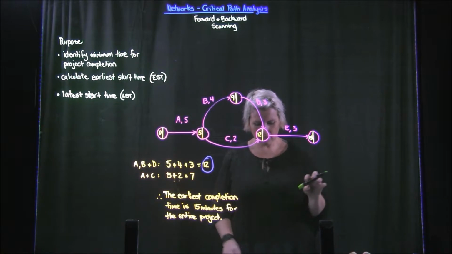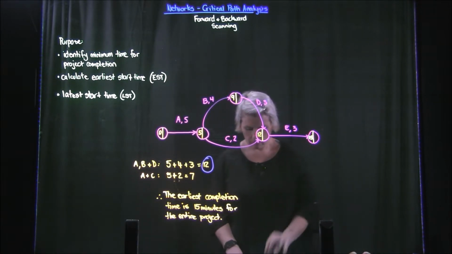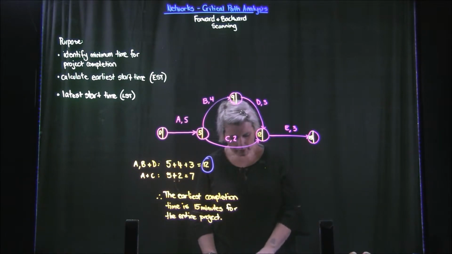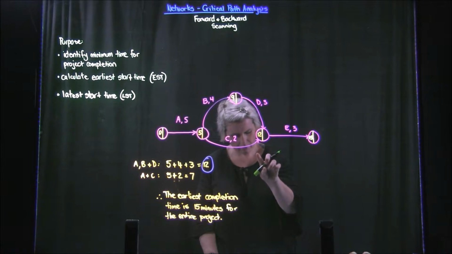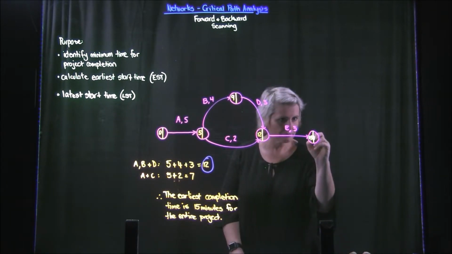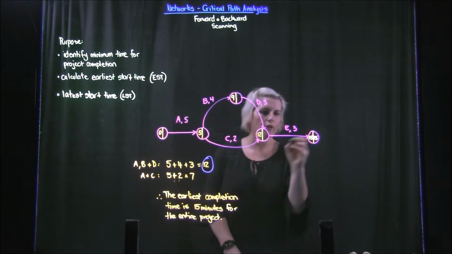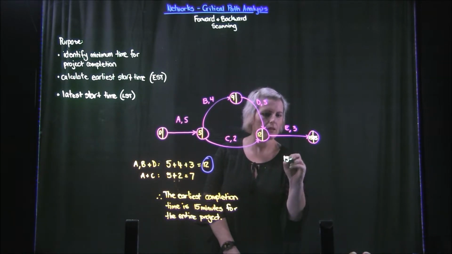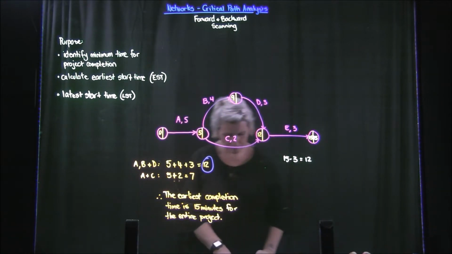That's the latest time that an activity can start without delaying the project. So what we need to do is subtract the time of each arc from the latest start time. We start at 15, because that's our end. Then we go 15, take away 3, which is going to be 12.